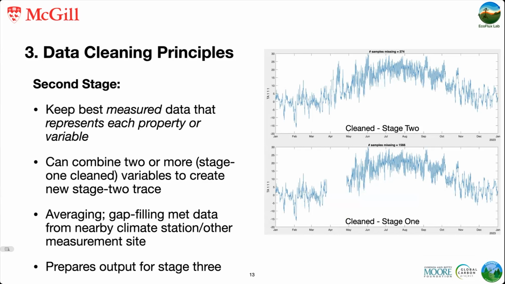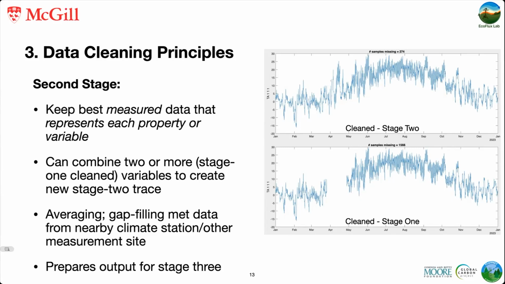These input variables must have already been defined and cleaned in stage 1. So there are multiple ways to achieve this variable representation. You can average 2 or more traces, or you can gap fill your trace using data from a nearby climate station, for example.